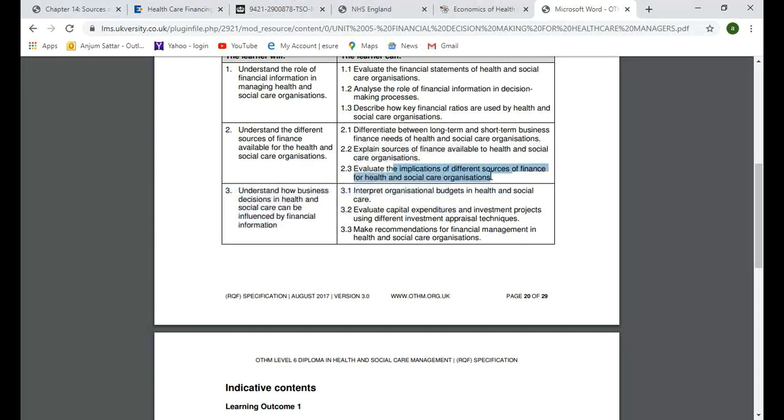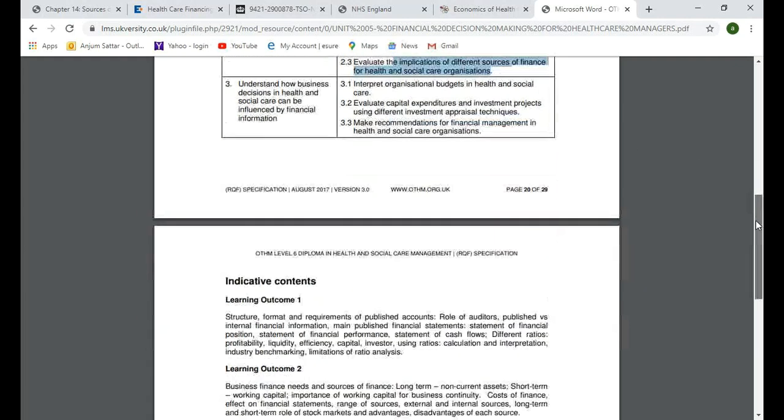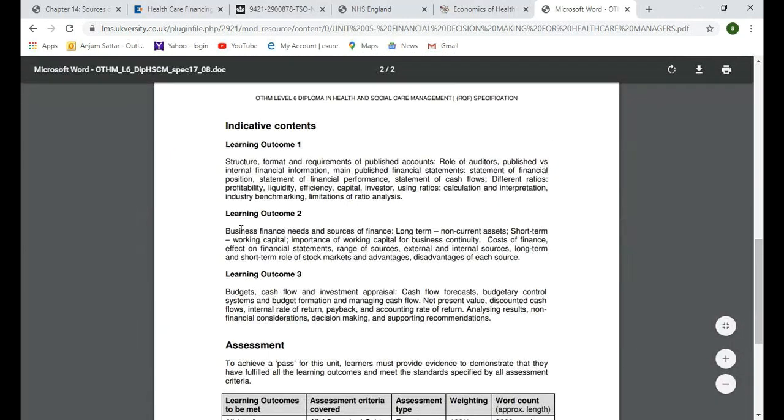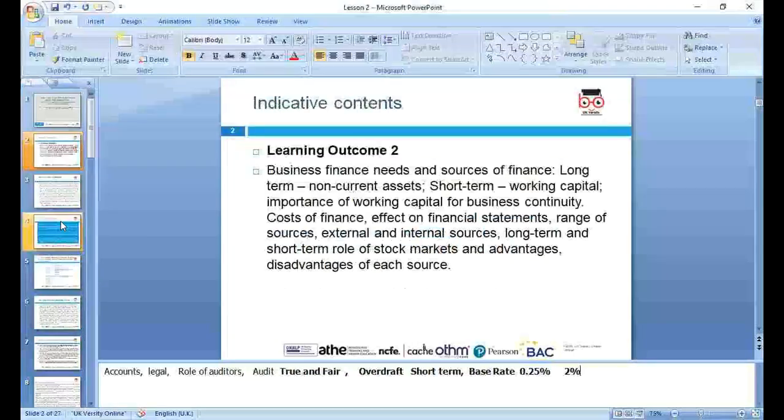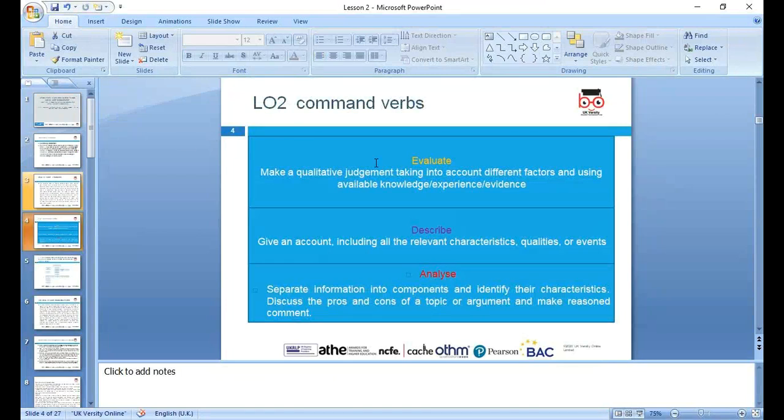Then we will explain, and then evaluate how the sources of finance impact the overall performance of the organization. I already discussed in the active content what we're supposed to cover, the keywords and the theories we're supposed to learn under the LO.